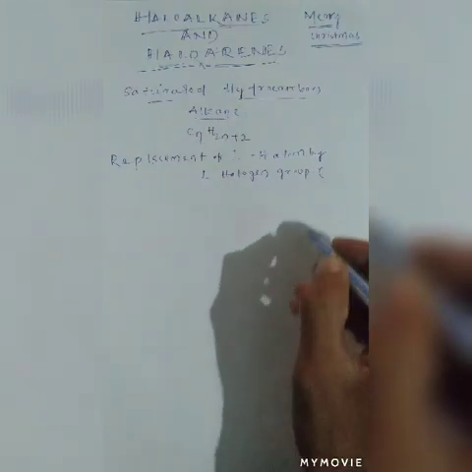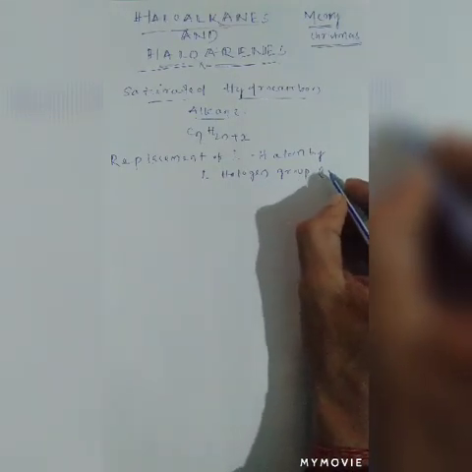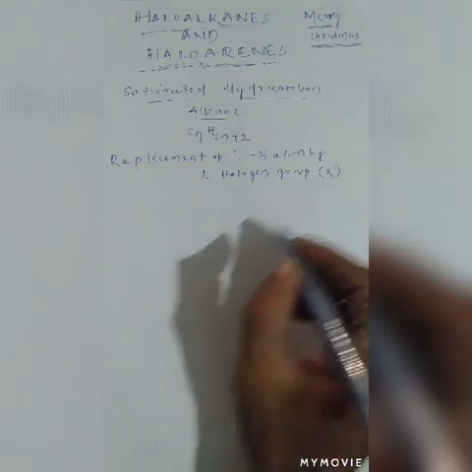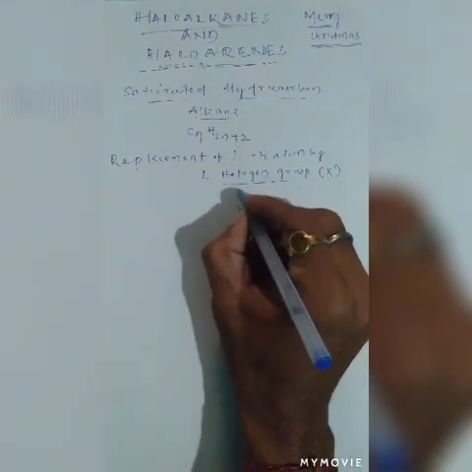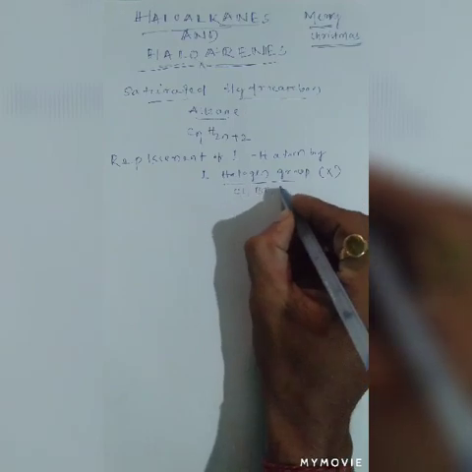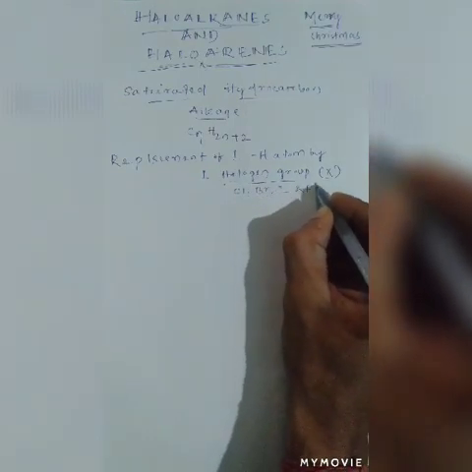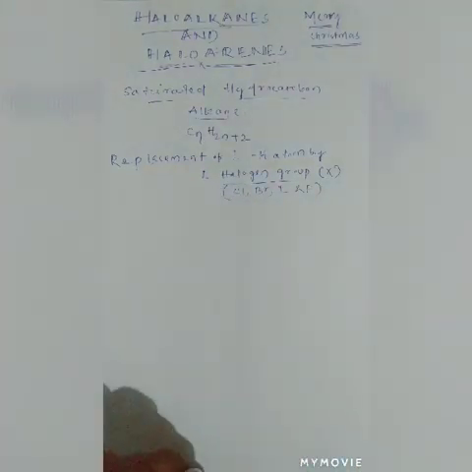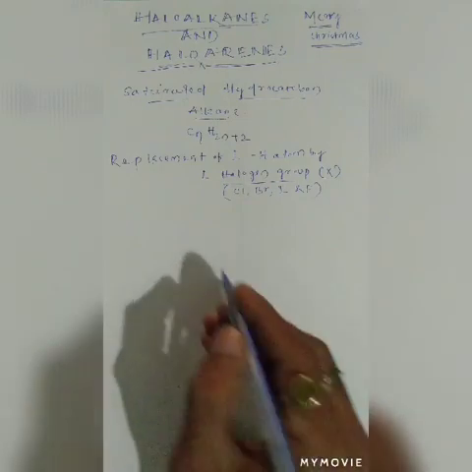All the halogen groups are given by the symbol X. The halogen groups are chlorine, bromine, iodine and fluorine. These are the halogen groups in the periodic table.